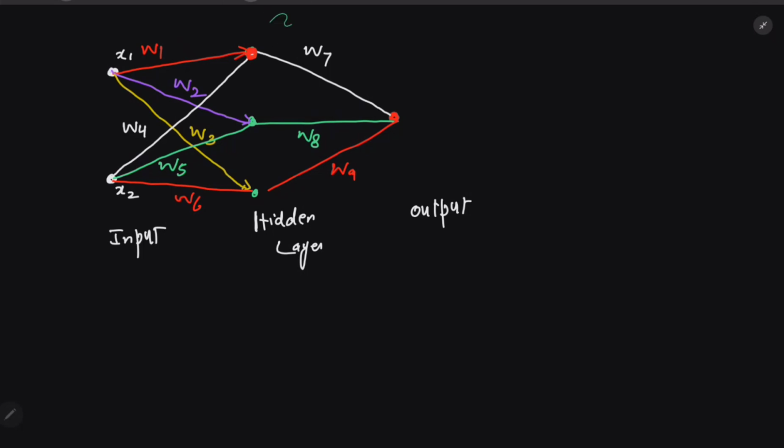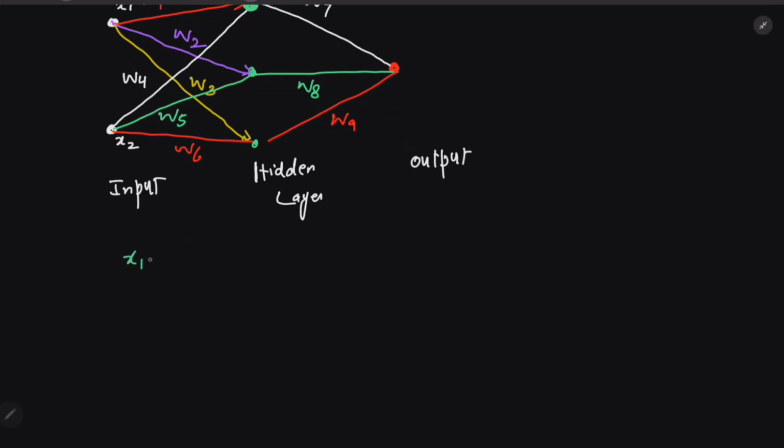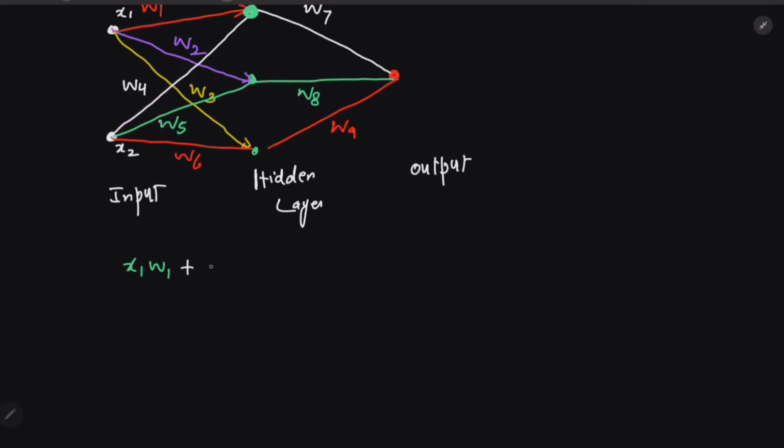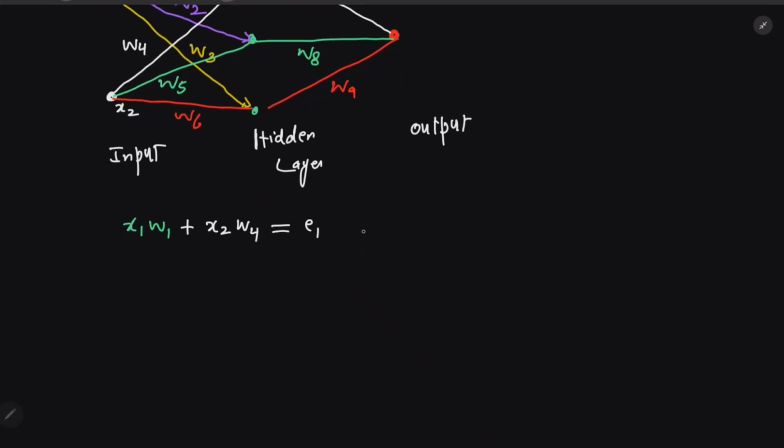For this neuron, we have x1 W1, this term, plus x2 W4. Suppose it has an output E1. And according to the theory, we apply an activation function on this E1, and we get the A1 value.